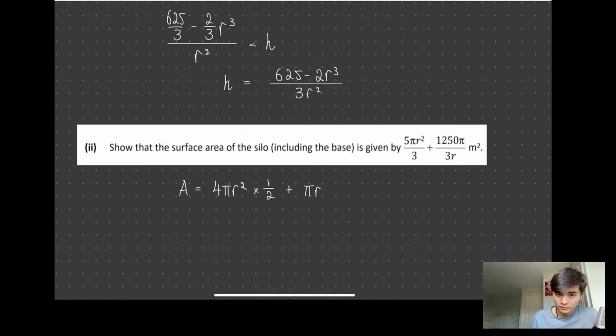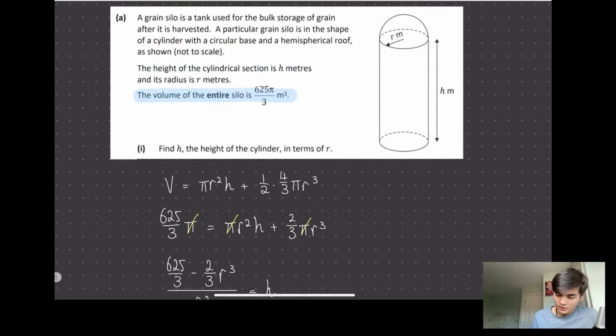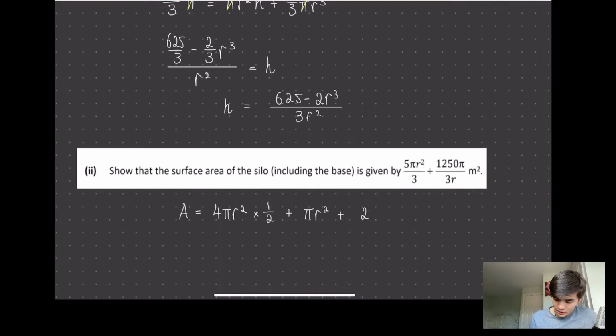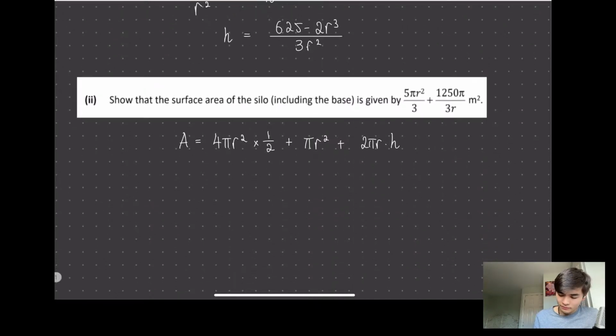And of course, there's the sides now of this cylinder. So if you imagine it being stretched out into a rectangle, you know that that's 2 pi r multiplied by h. Okay, and if we take a look at this formula, there's no h. That's what we're going to aim to replace then.